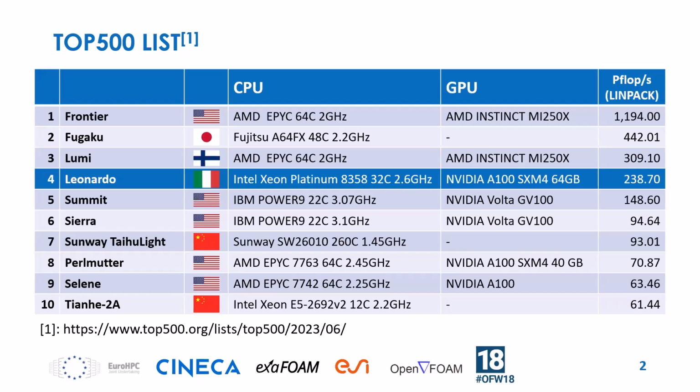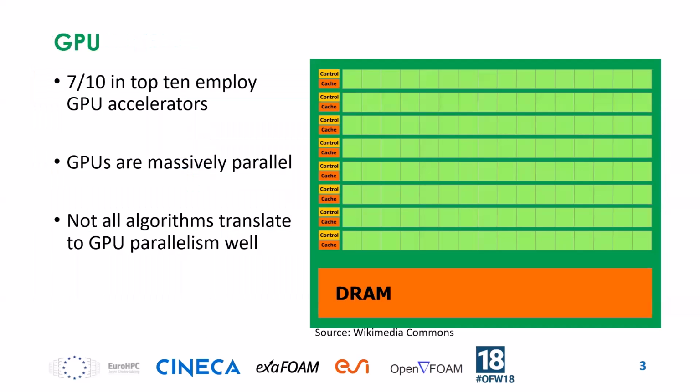I highlighted our entry into the list, Leonardo, although we are still tuning it up, so the results I will be presenting were not run on Leonardo. What we can see from this top 10 updated to June of this year is that 7 out of 10 use GPU technology. So GPU technology is becoming a sort of unavoidable aspect of HPC nowadays.